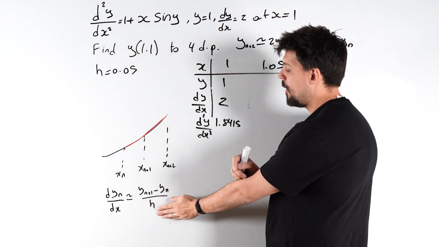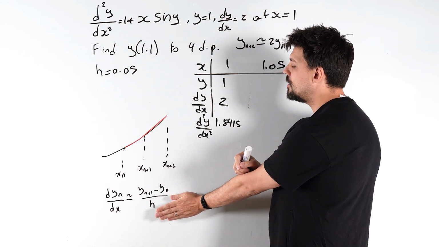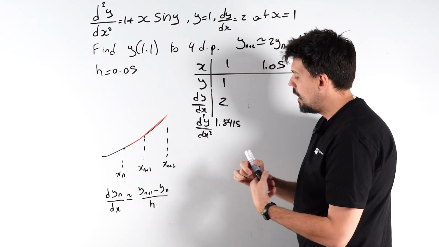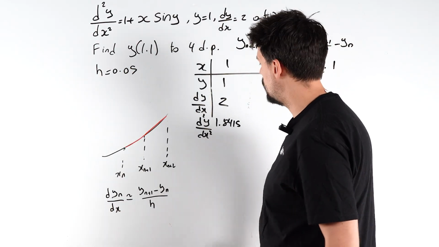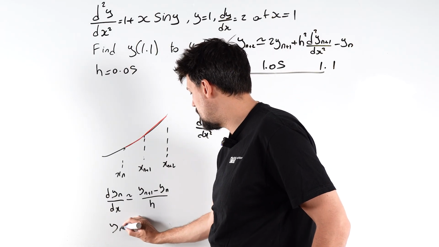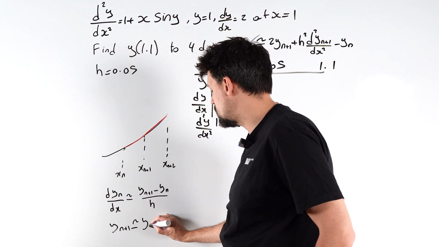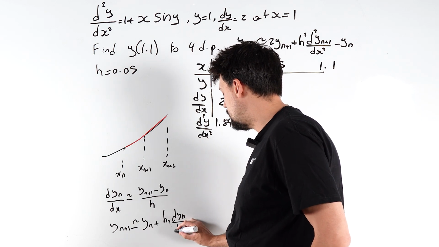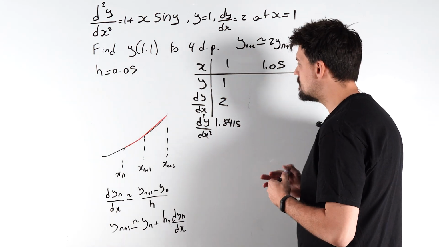I could just use my first order Euler approximation. I could do that, and what would that give me? If I use my first order Euler approximation, that would give me that yn plus 1 is approximately yn plus h times the previous gradient.